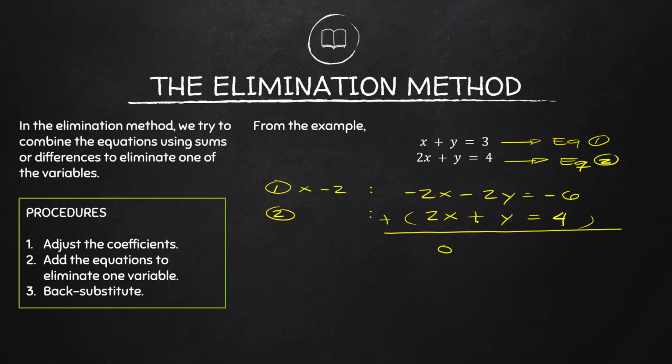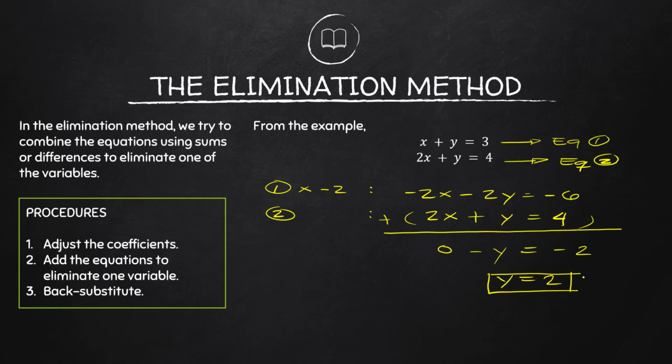Negative 2y plus y is negative y. Negative 6 plus 4 is equal to negative 2. In this case, we can multiply this equation by negative 1, and we will have y is equal to positive 2.